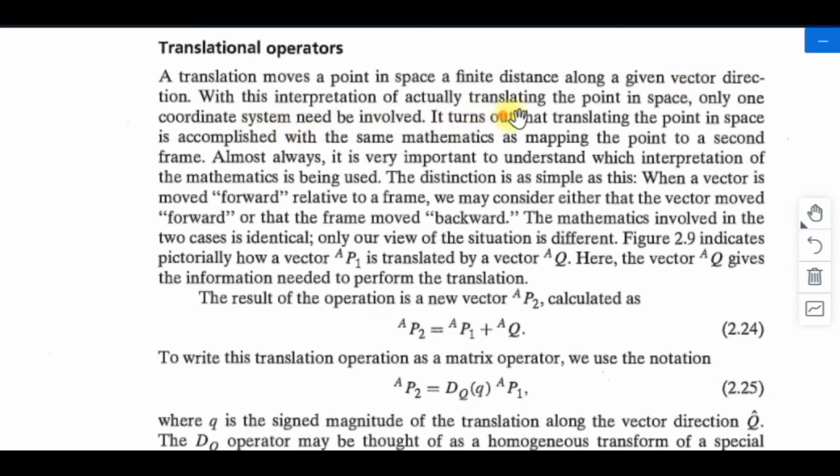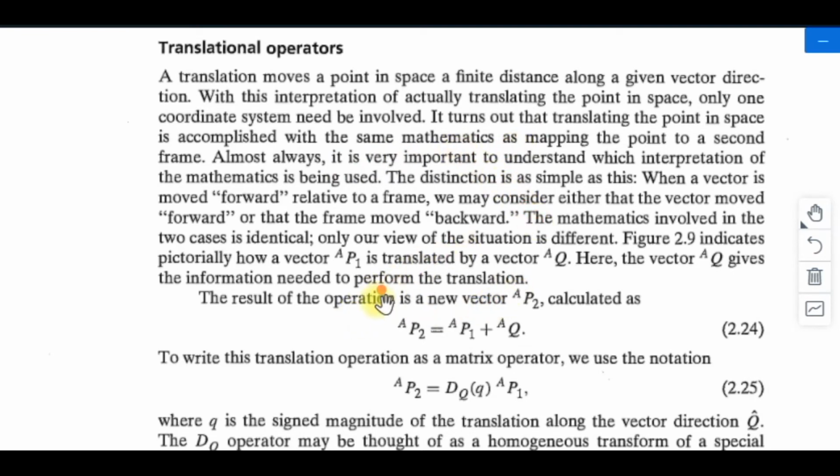With this interpretation of actually translating the point in space, only one coordinate system needs to be involved. Look at this, this is the important line. It turns out that translating the point in space is accomplished with the same mathematics as mapping.